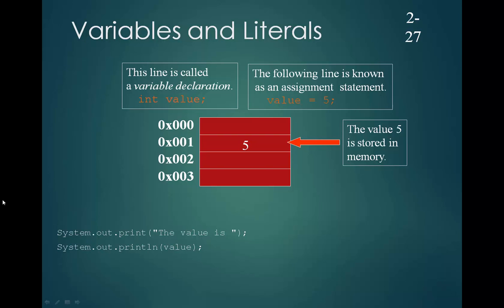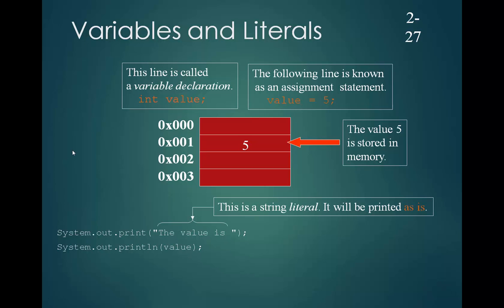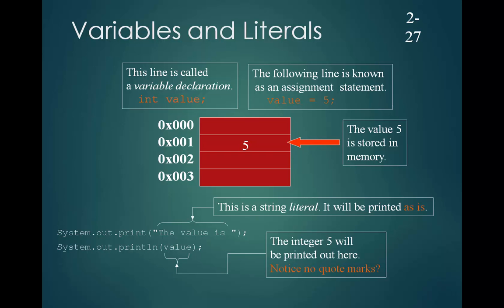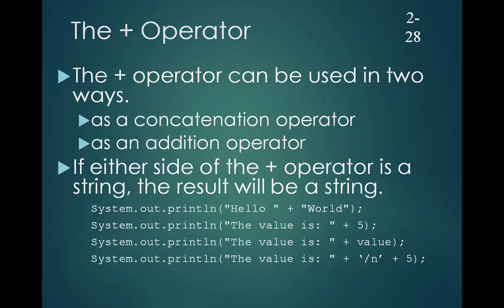Think about what this will print to the console for a second. It will print this string, and then it will print the contents of value. So it will print the value is 5. This part is printed as is, and this part is printed as the value that's stored.